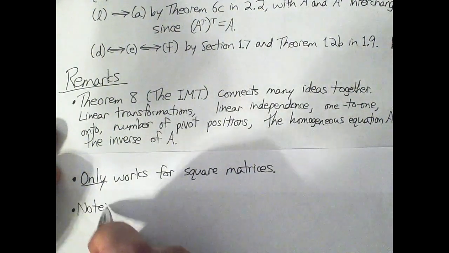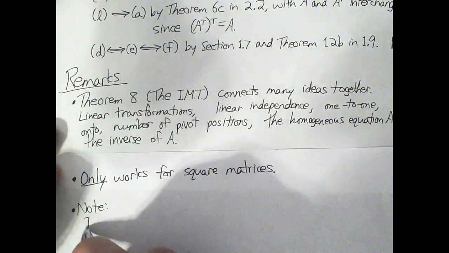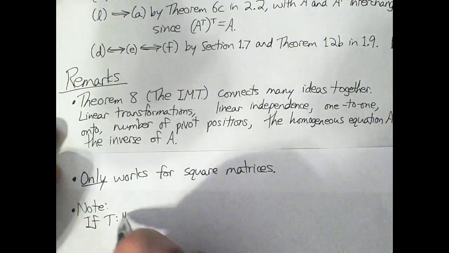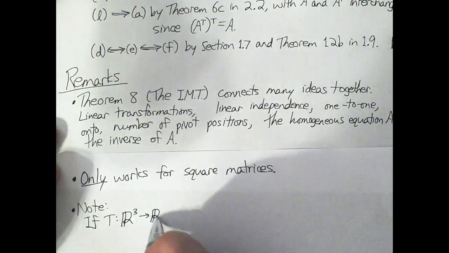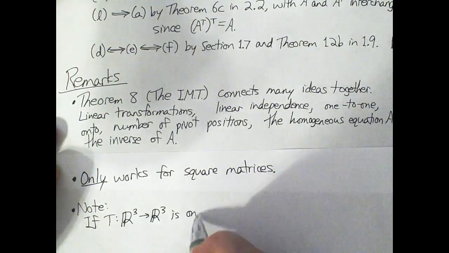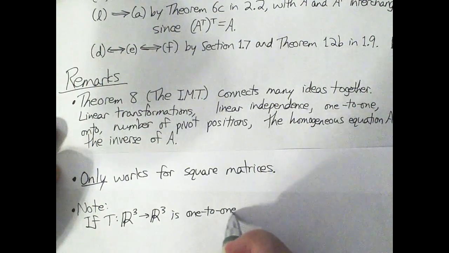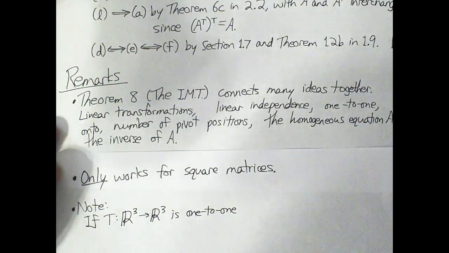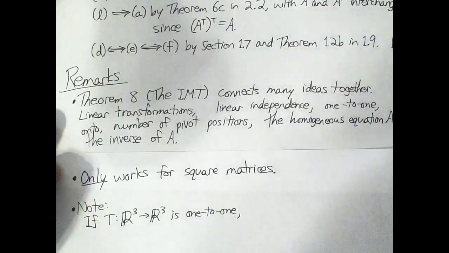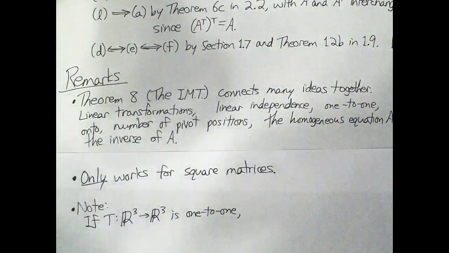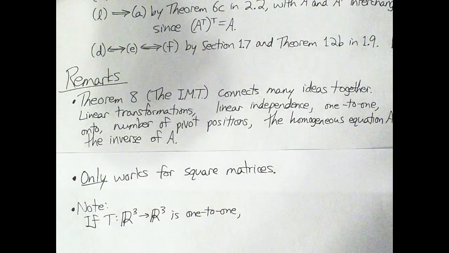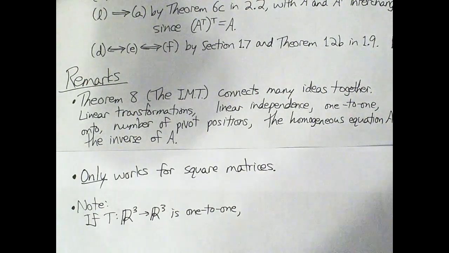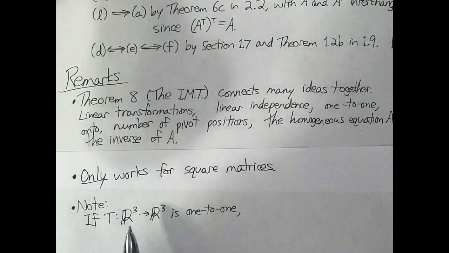Okay, another note or remark. If we have a linear transformation from R3 to R3, and it is 1-to-1, what can we conclude from that? What do you think? So we know that every linear transformation has a corresponding standard matrix A. In this case, I know that A would be square because it would be 3 by 3.